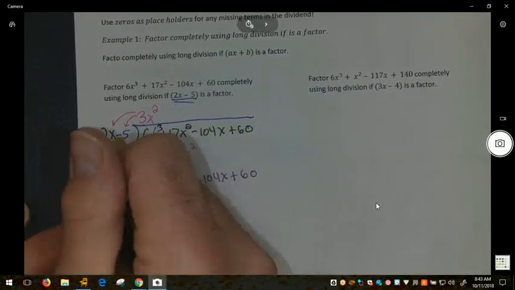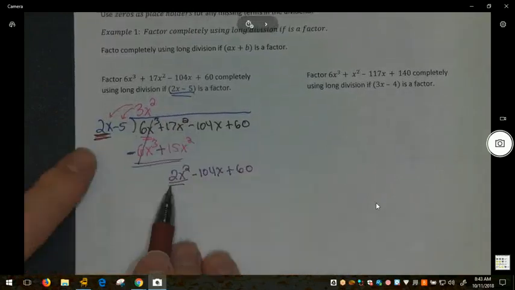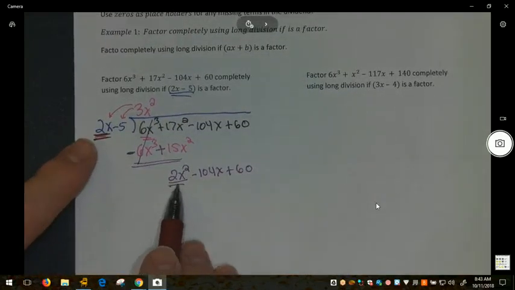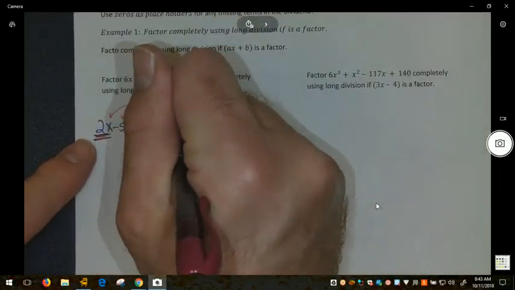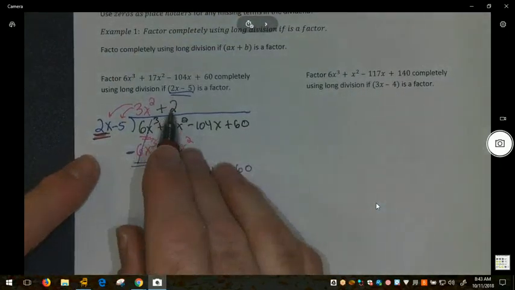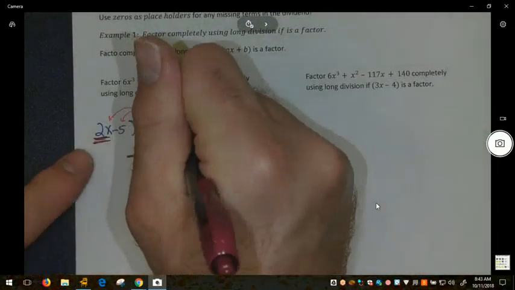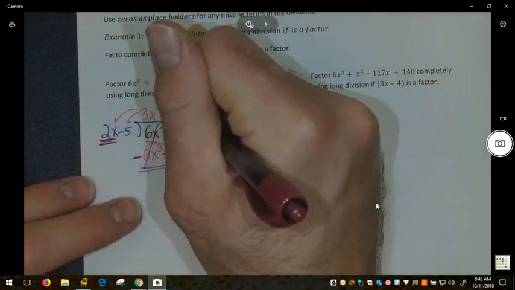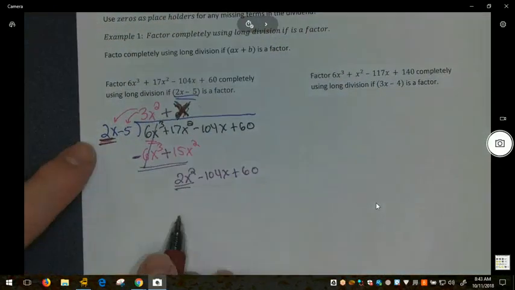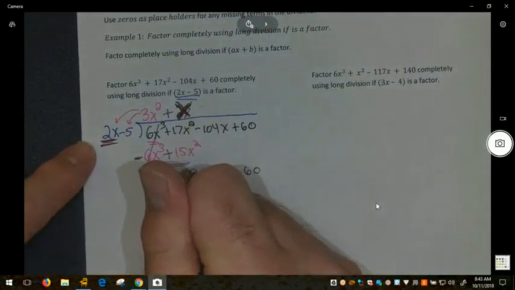Now I'm focused on the 2x squared and the 2x. 2x times what is 2x squared? Sorry, not cubed. I'm sorry, just x. x times 2x is 2x squared.